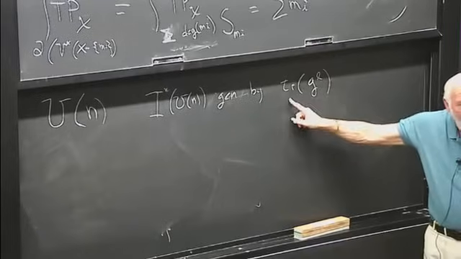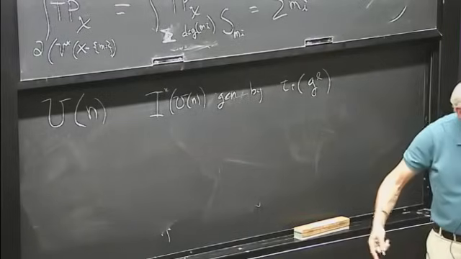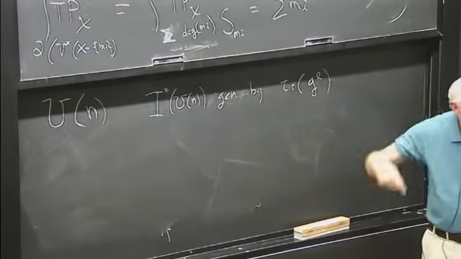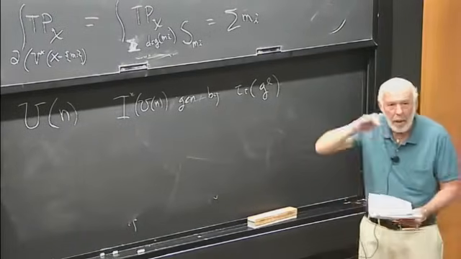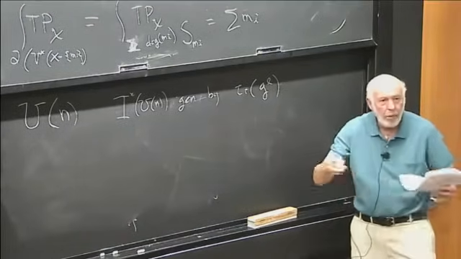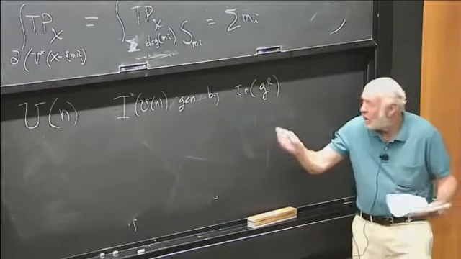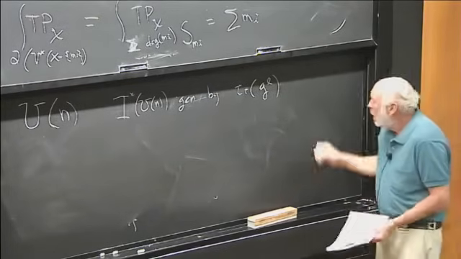Every invariant polynomial can be written as sums of products of things like this. And in particular, this leads to the so-called Chern classes.